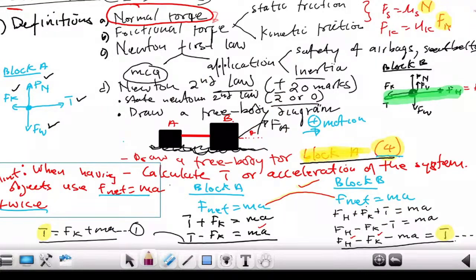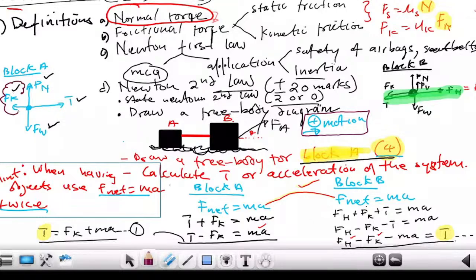That is the reason why I highlighted here to say the motion is to the right, and I now choose my right direction as positive. So what does that mean? It means if I am going to calculate the frictional force, FK, I must now get it as negative. Why negative?